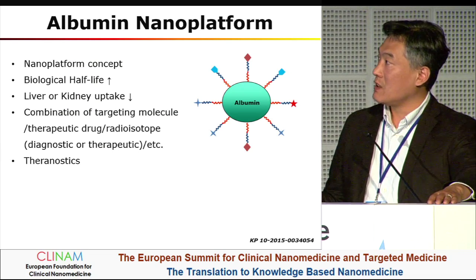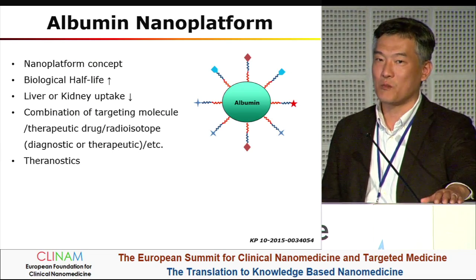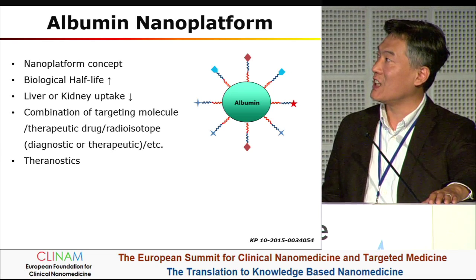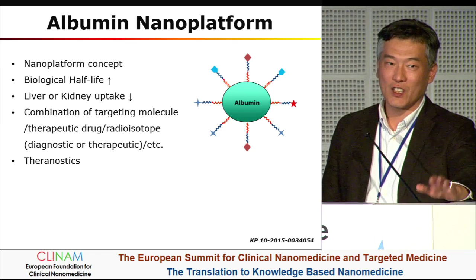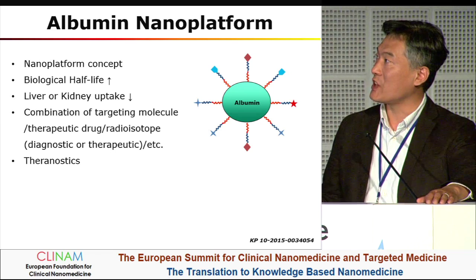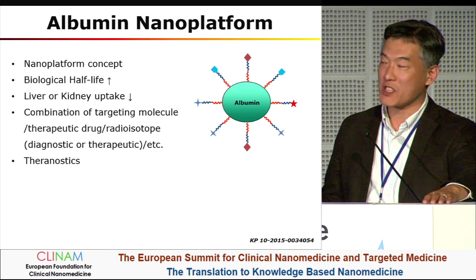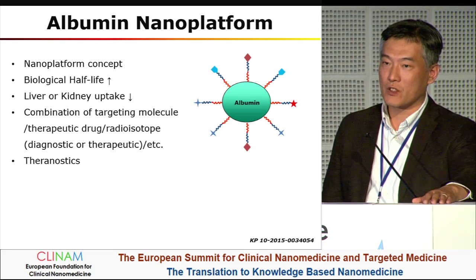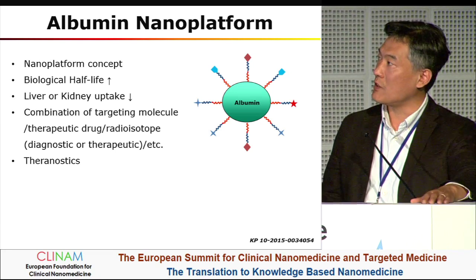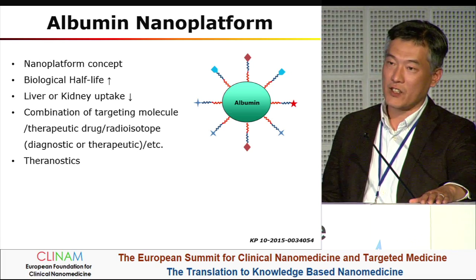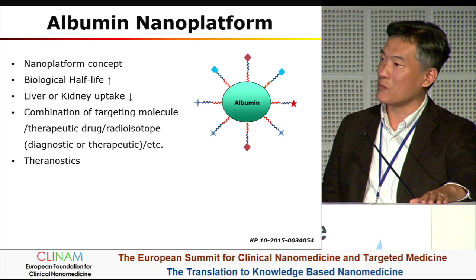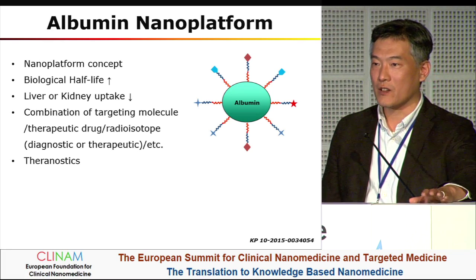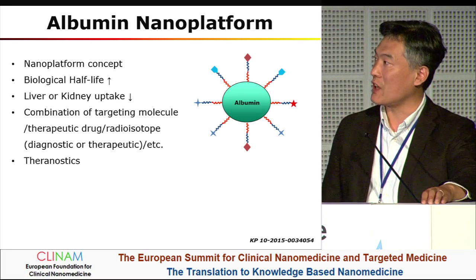We are still far from finishing the development of our albumin nano platform, but we can confirm the platform concept, and that reducing liver and kidney uptake can prolong the biological half-life, so it can be used as a diagnostic or therapeutic nano platform.